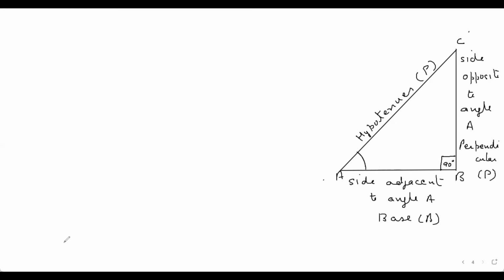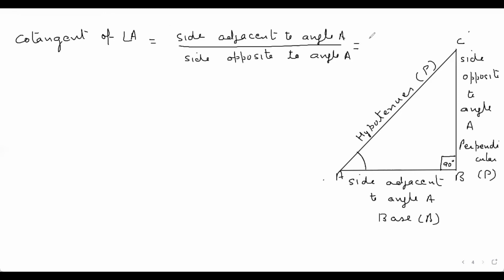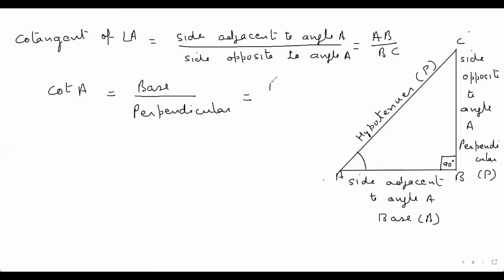Cotangent of angle A is side adjacent to angle A upon side opposite to angle A, that is AB by BC. In abbreviation, we write cot A. Side adjacent to angle A is base upon perpendicular, that is B by P.